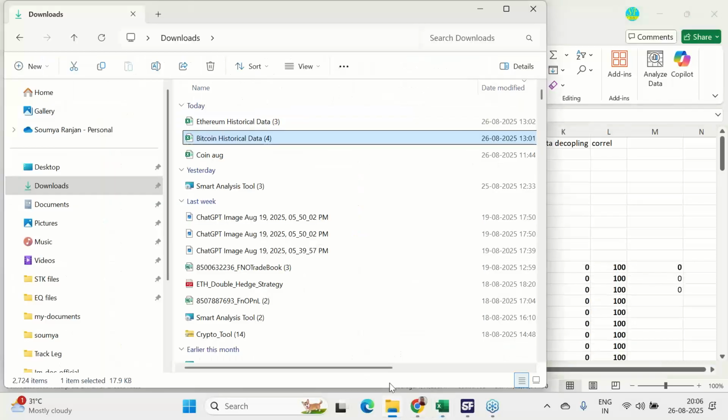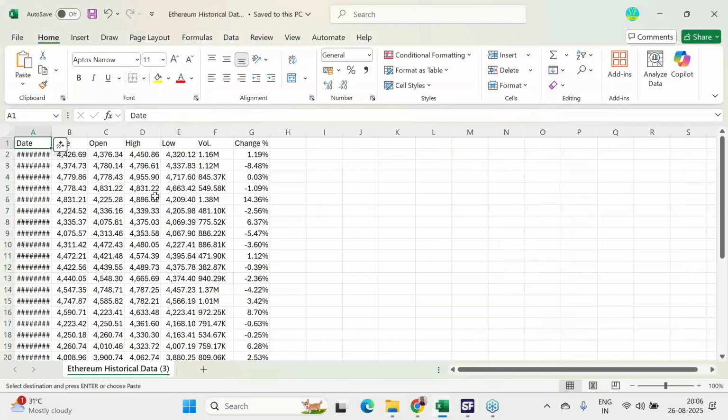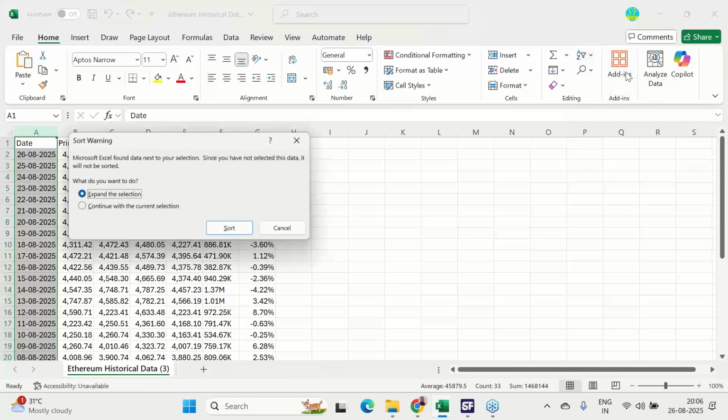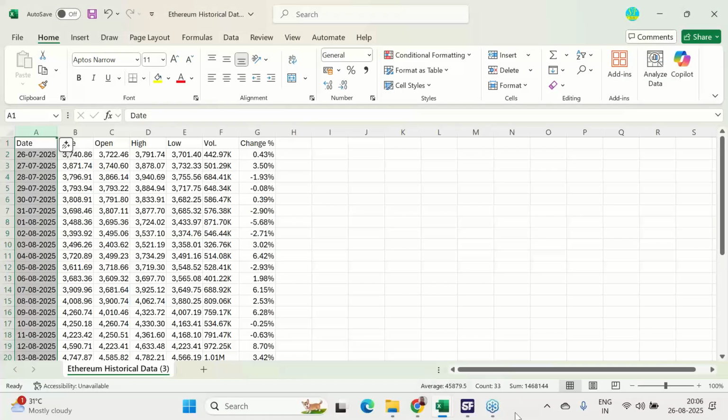Now I'll be taking the Ethereum data. Same process. I'll sort this data, and I need oldest to newest, expand the selection.